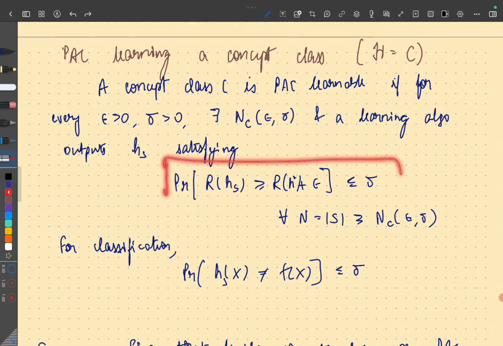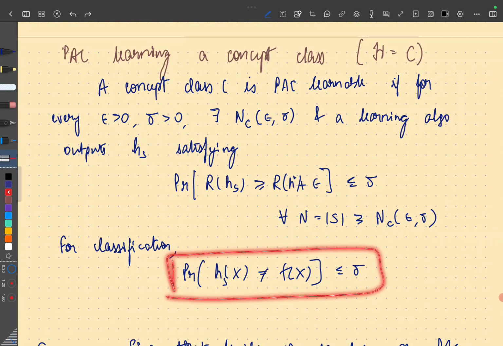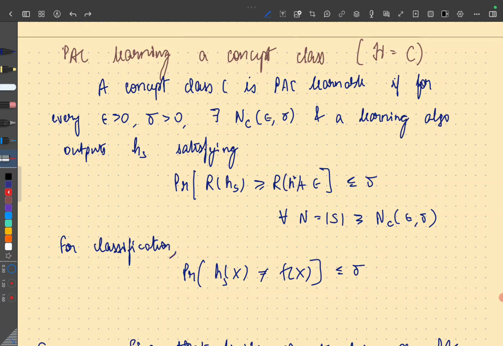for a general learning problem, this is what we use. If you're talking specifically about classification, then this is the definition that we will use for PAC learning of a concept class. The reason why I'm distinguishing between the two is that this may be possible generally only if the output alphabet, that is the label set, is finite.